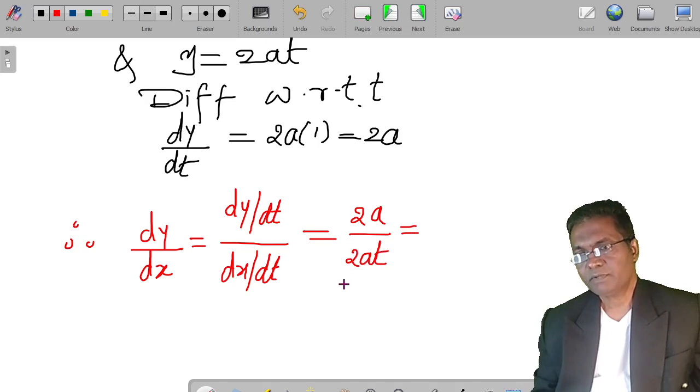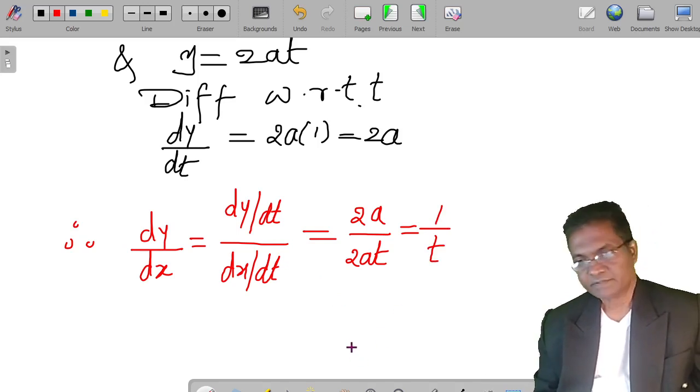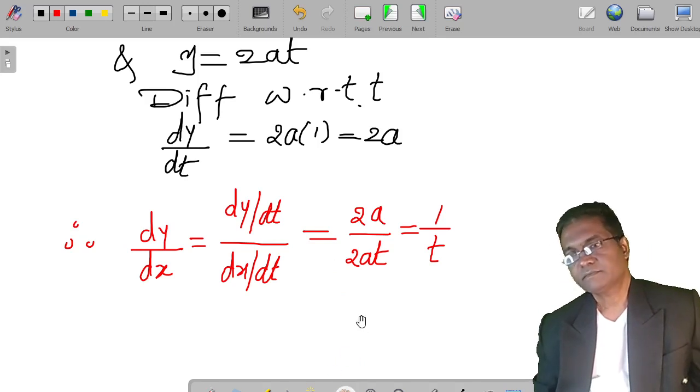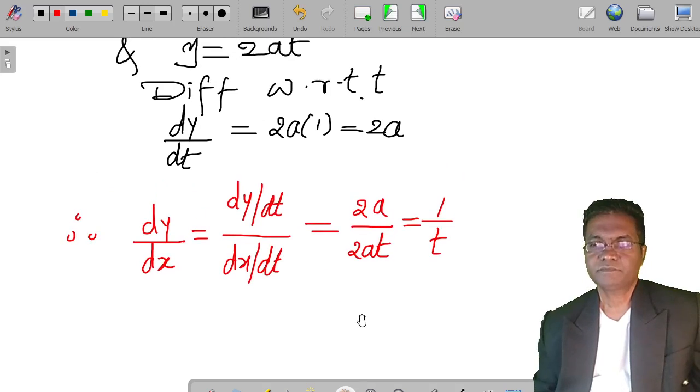So simplify, 2a by 2a cancels, 1 by t is the answer. Okay. So note down this.